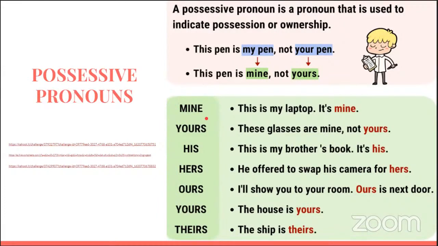And very important to remember that they work as if they were in the same line as the subject. So as you can see, for example, from I, that is my in possessive adjective, is mine in possessive pronouns. So it is very important to review the list of possessive adjectives and possessive pronouns as well.